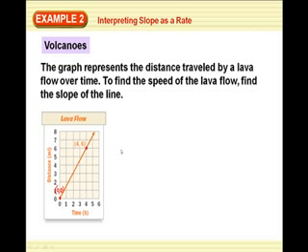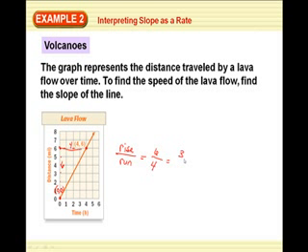Okay, so if we do our rise over run, and we'll put some labels to this in just a second, we are rising 1, 2, 3, 4, 5, 6 to here, and we are running 1, 2, 3. So we're rising 6, and we're running 4.